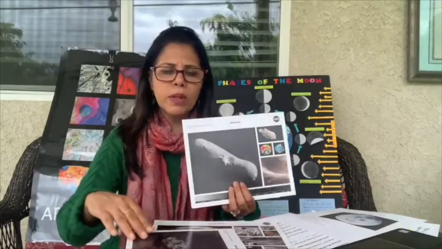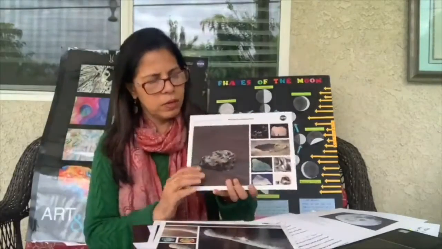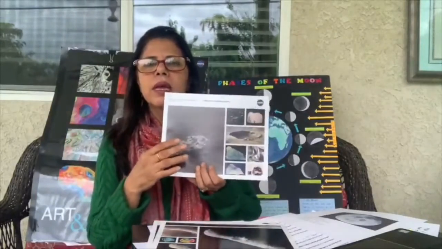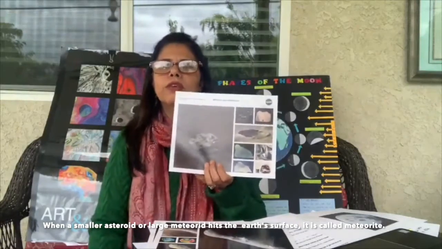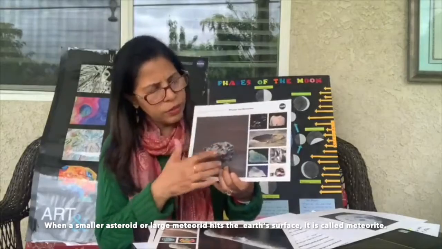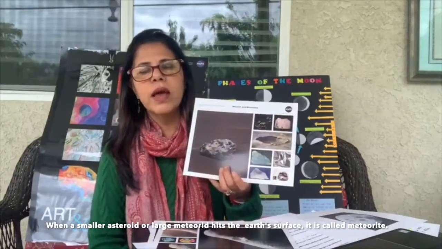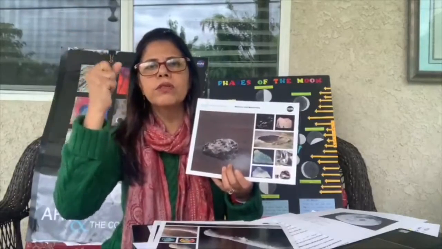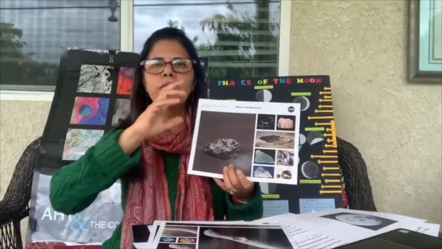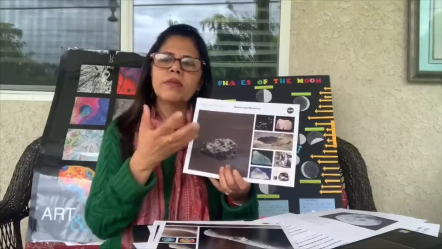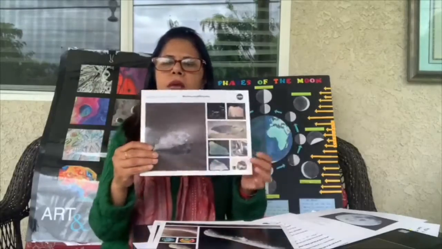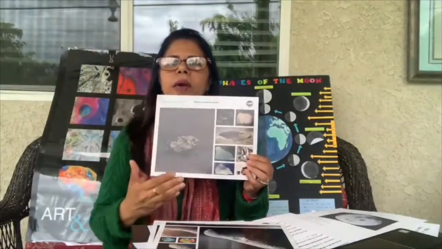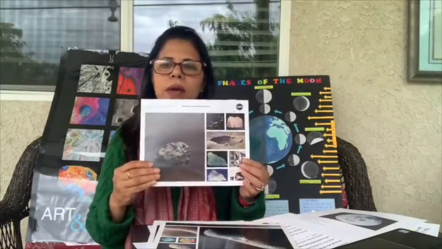Meteorites may resemble this one right here. This is a meteorite, and it might resemble an Earth rock, but they usually have a burned up exterior. I told you that happens because they are falling through the sky. This happens as a result of melting and friction caused to the meteorite while it's passing through the atmosphere.